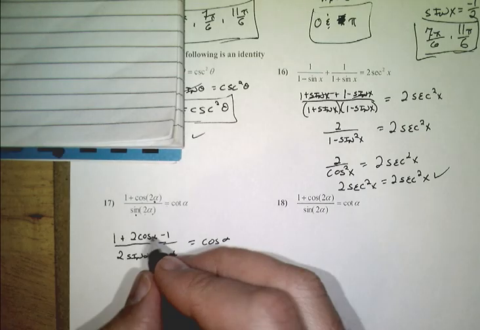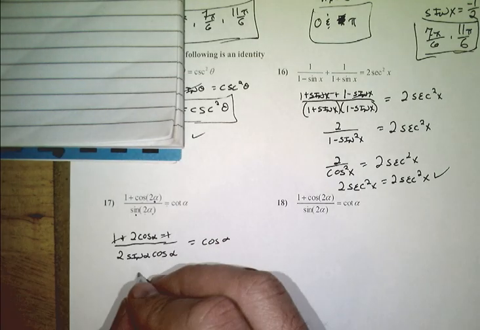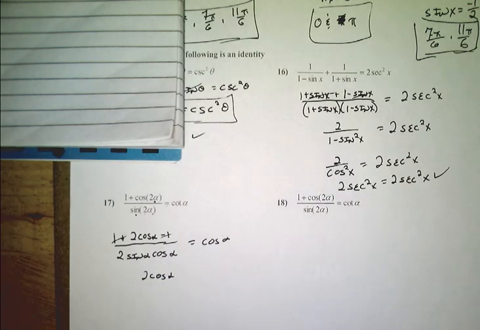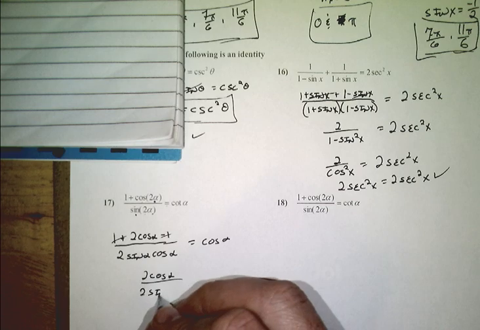So let's see what happens there. When that happens, those zero out, and that gives me 2 cosine alpha, 1 minus sine squared. It's not working out. I may have messed up here. Let's find out what happens.